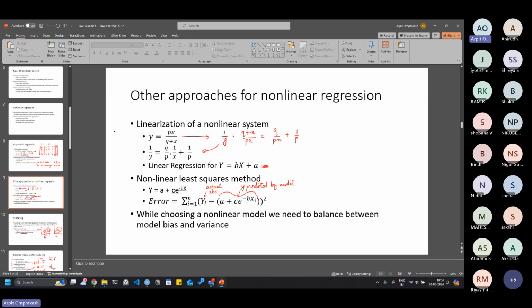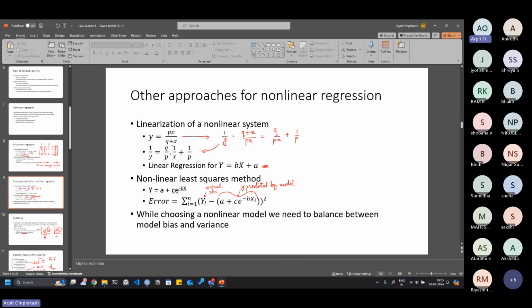For example, if you have a system like this, we can tweak it to represent a linear equation of some other form, where our y and x values will be different, and then we can get back the original x and y, such as the original constants, using these fitted values of b and a.